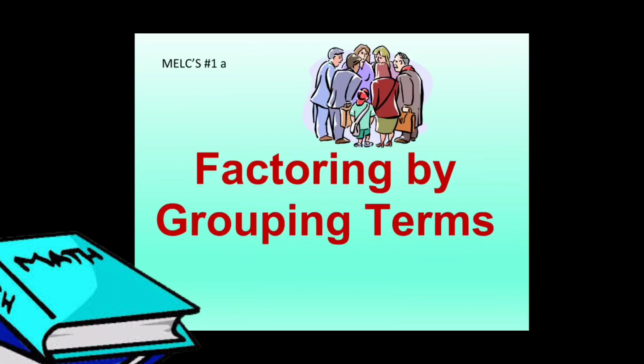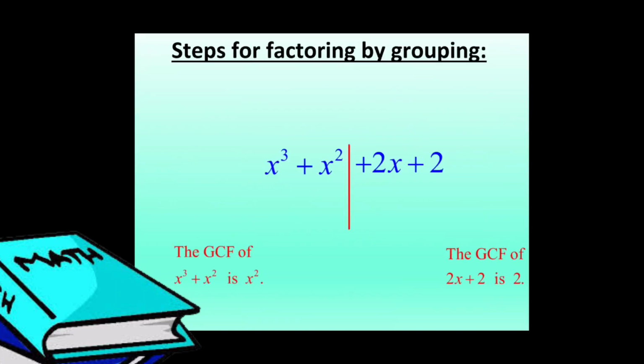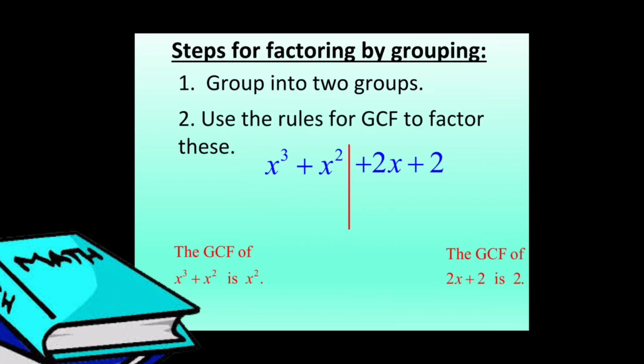Now let's discuss factoring by grouping terms, and we also need to follow steps here. First, we need to group the terms into two groups. Let's group the first two terms together and the last two terms together. Our second step is to use the rules for GCF to factor these. The GCF of x cubed plus x squared is x squared, while the GCF of 2x plus 2 is 2.